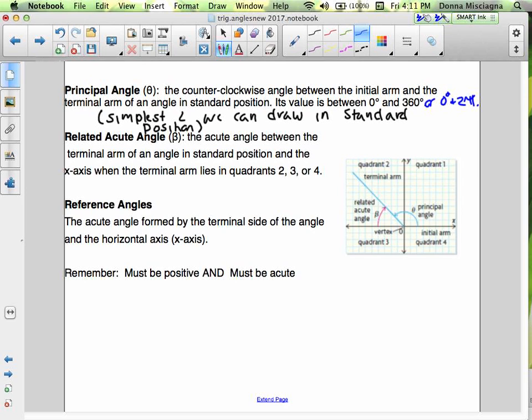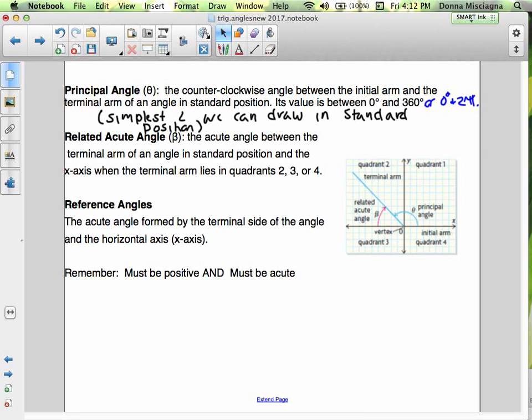When we were finding coterminal angles, when we added or subtracted 360, those weren't the principal angles. Those were other angles that started and stopped in the same location. We want the principal angle to be the simplest one. So if our angle is more than 360, we're going to find a coterminal angle to give us the principal angle, because our principal angle is going to be between 0 and 360.